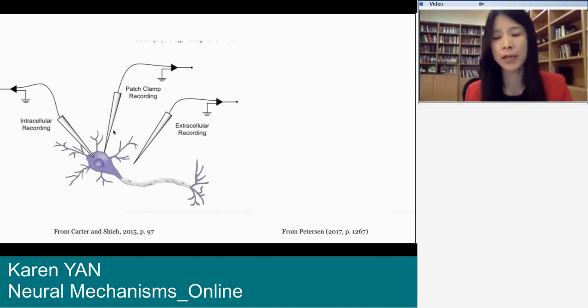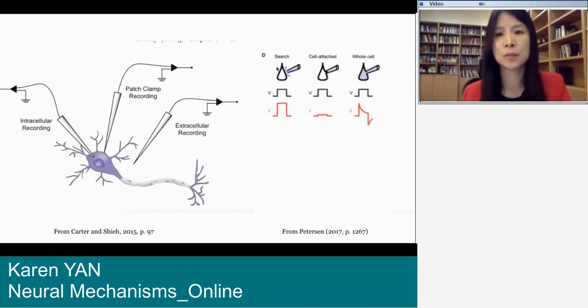And on top of that, they are able to apply the skill that after you insert the electrode exactly on the membrane, you actually create a small hole there, which will cause the leaking of electric signal. So after they insert exactly on the membrane, creating a small hole, they are able to seal the hole.